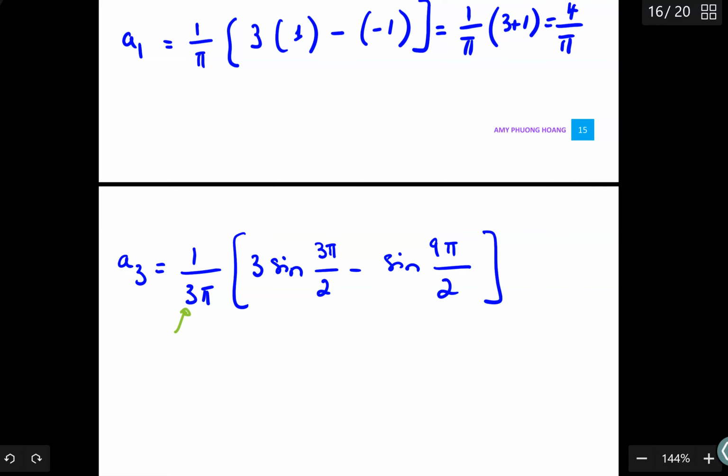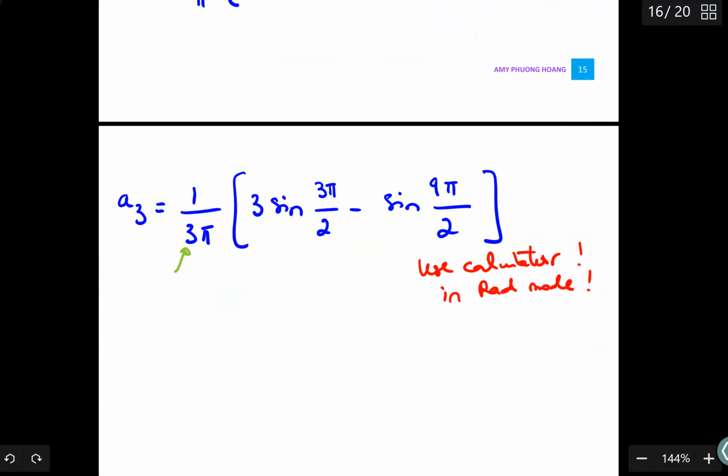So in this case, I'm going to ask everyone to use a calculator. You can use a calculator, put it in radian mode, and then you can calculate these values. So A3 will be 1 over 3 pi.